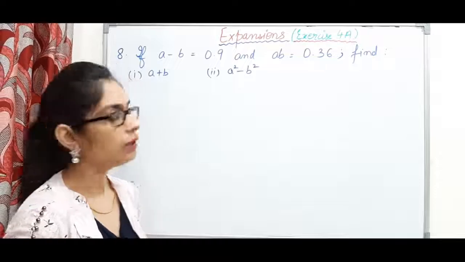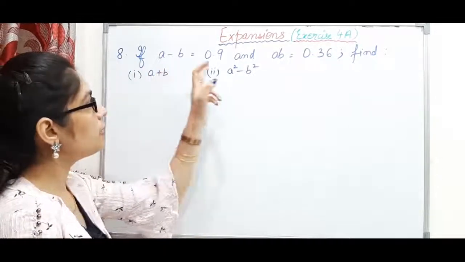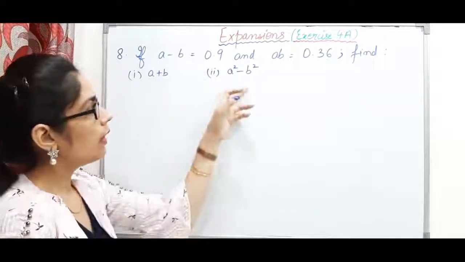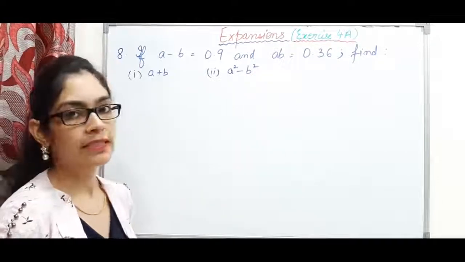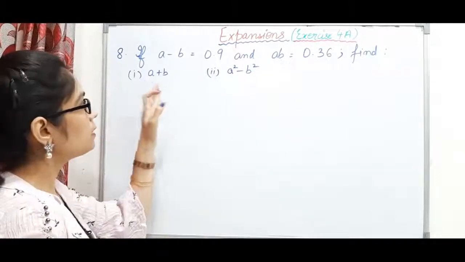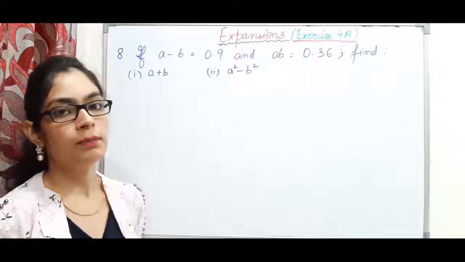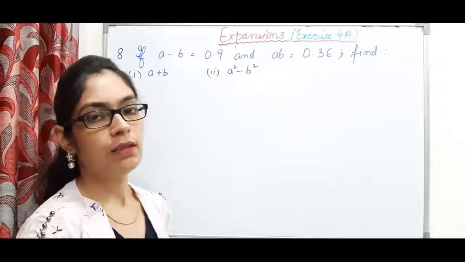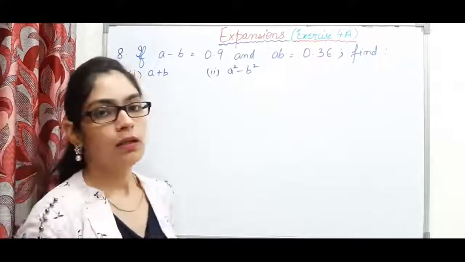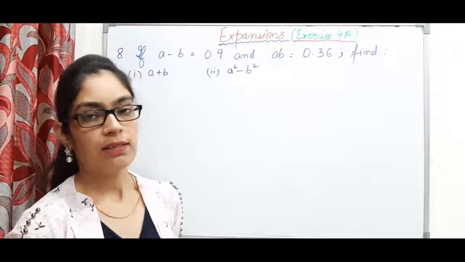In the 8th question, it's given to us that a minus b is equal to 0.9 and ab is equal to 0.36, find a plus b and a square minus b square. So same identities. See here you always have to, because other exercises are also there.